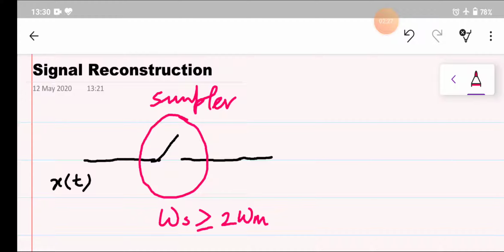So this part here is a sampler. Now we have an impulse train at the output whose magnitude is equal to the magnitude of x(t) at the sampling instant.